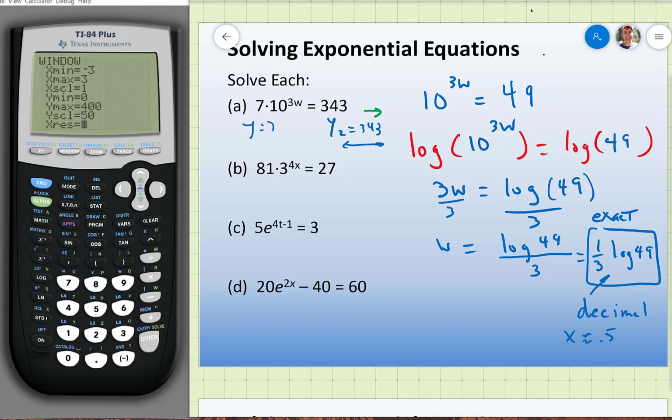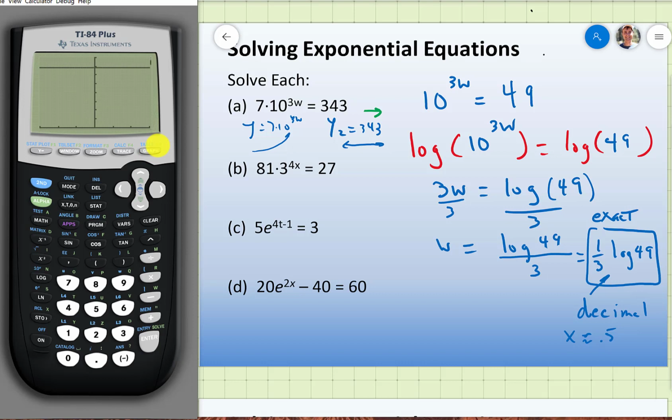And then y1, equaling this side, is going to be exponential, so that's going to grow. So I'm looking for those two to cross. So if we graph, let's see what it looks like here. And so there's the exponential, and it started really quick and just shot right up. Now I have an intersection.